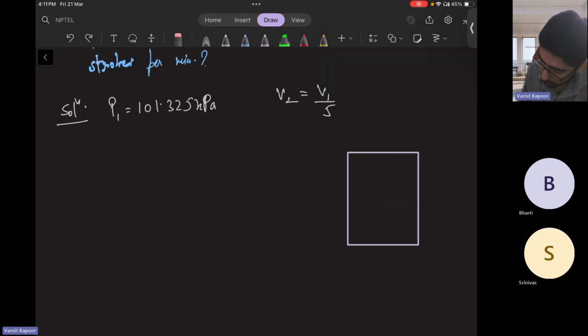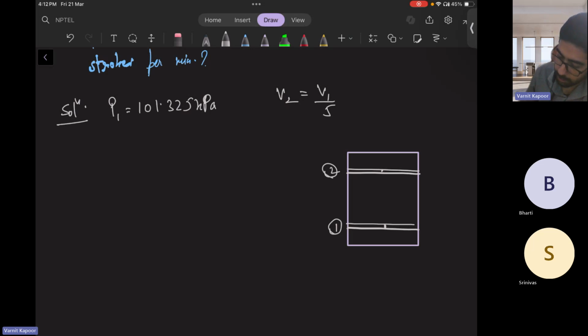Suppose this is an engine, a two-stroke engine. From position 1 to position 2. This is position number 1, this is position number 2. This is a piston-cylinder kind of device.